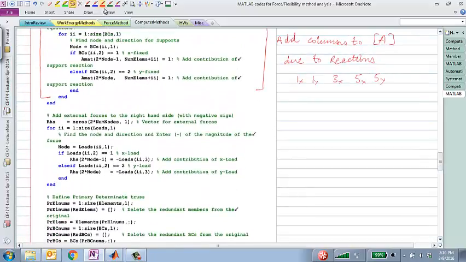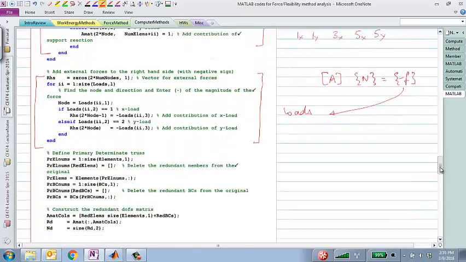Finally, create the right-hand side vector of loads. So this is loads, and that is just creating A times N is equal to minus F. F is what we have created here.